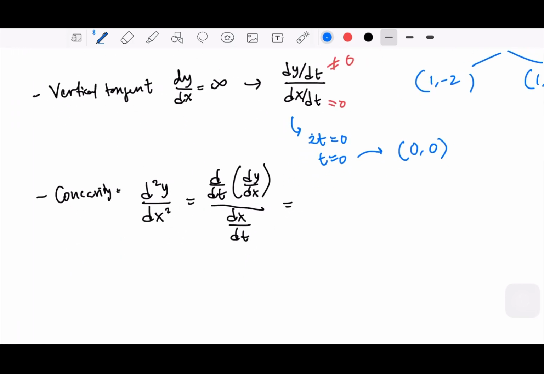Let me write down the first derivative, which is 3t squared minus 3 over 2t. So this is 2t, and this is 4t squared.